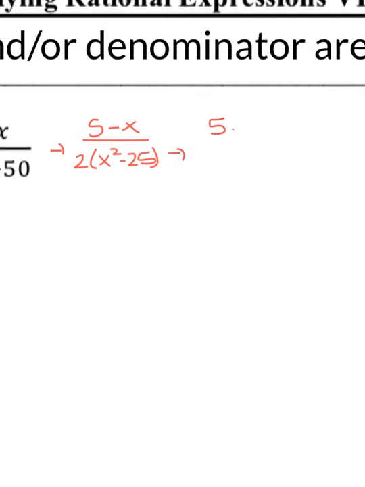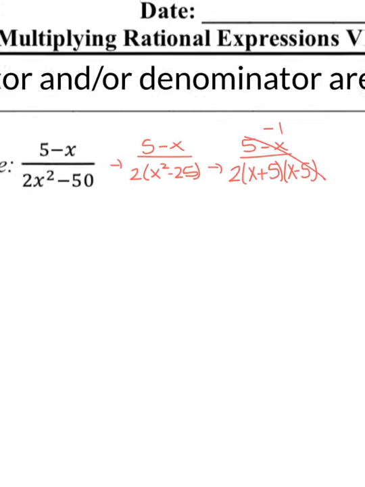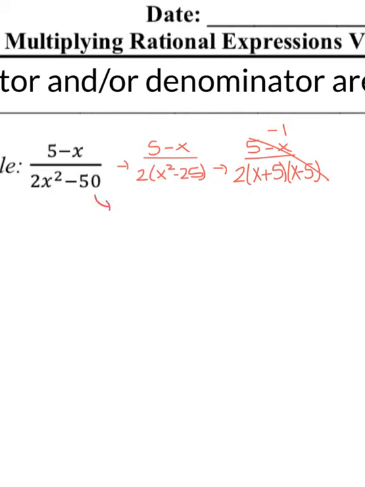That would be the difference of two squares, again, x plus 5, x minus 5. The x minus 5 and the 5 minus x will cancel, but because they're opposites, they're flipped around with a subtraction in the middle, they cancel to be a -1. So this expression simplified is -1 divided by 2 times x plus 5. You don't have to multiply that back out.